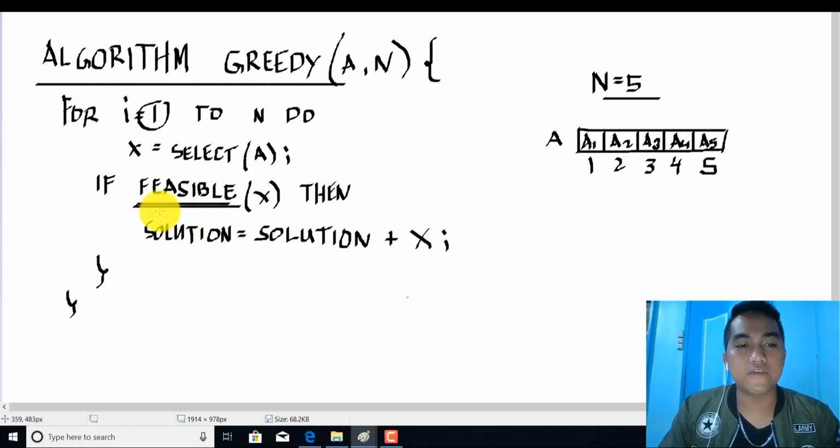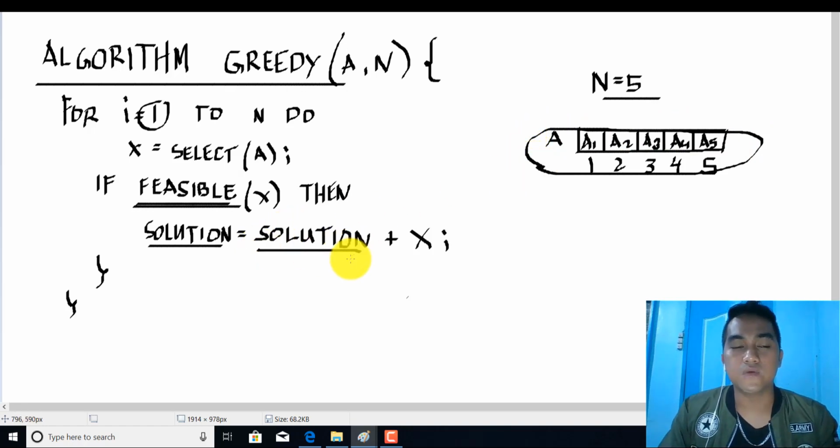So if X is feasible, it will be included in our inputs, or added to the solutions. So this is an example of our general method for the greedy algorithm.